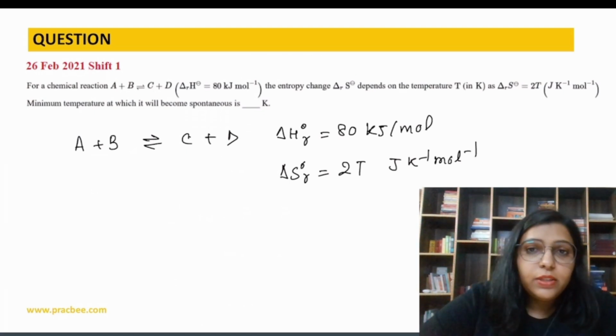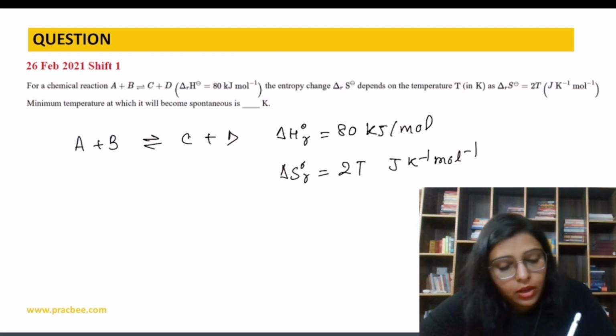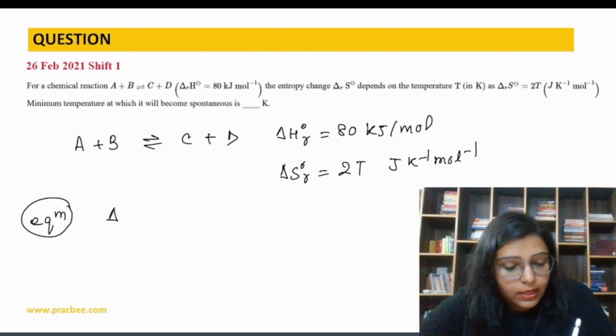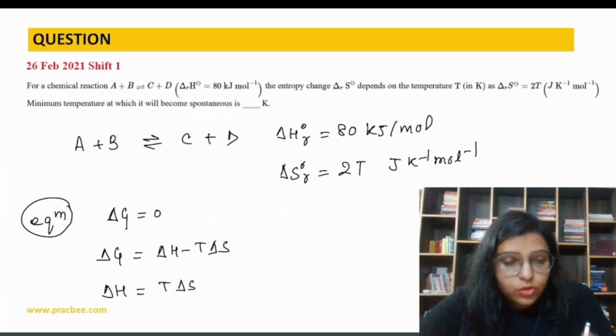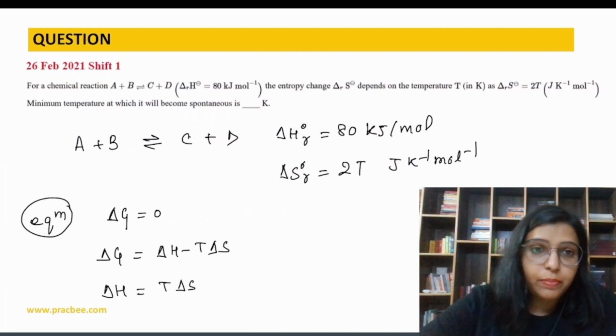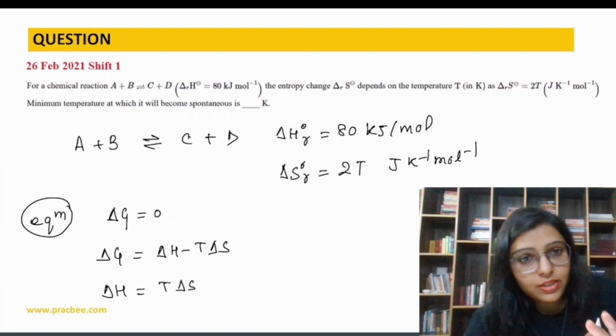So the minimum temperature at which it becomes spontaneous. So see, in order to solve this question, just take the process at equilibrium. So if the process is at equilibrium, delta G becomes 0. So we can say delta H minus T delta S is 0, so delta H is equal to T delta S. So if we consider the process at equilibrium, then we can find out the temperature at which the reaction is at equilibrium.